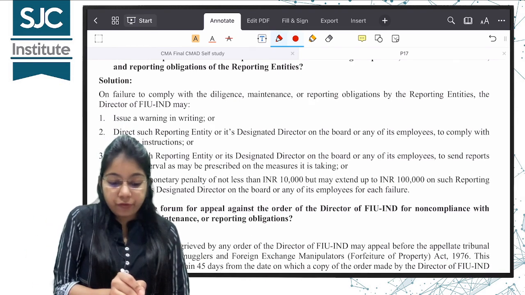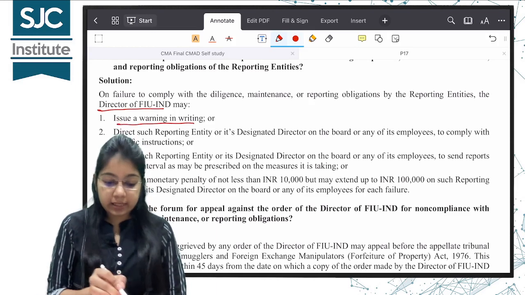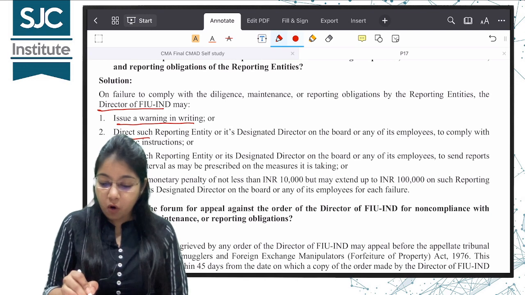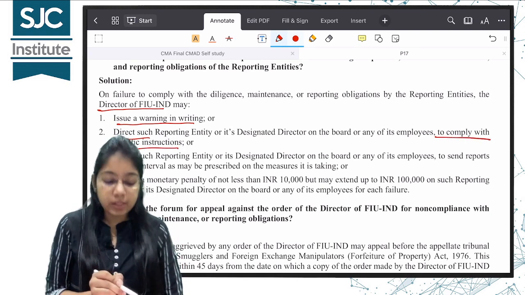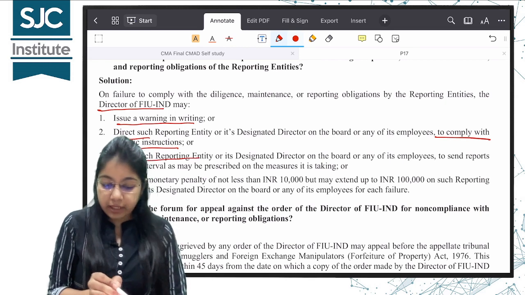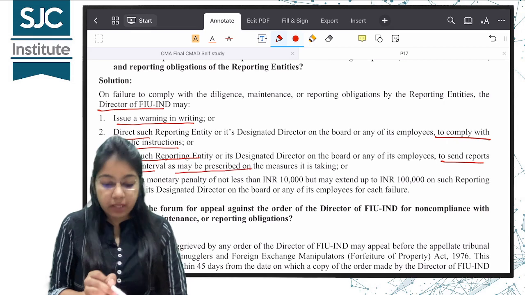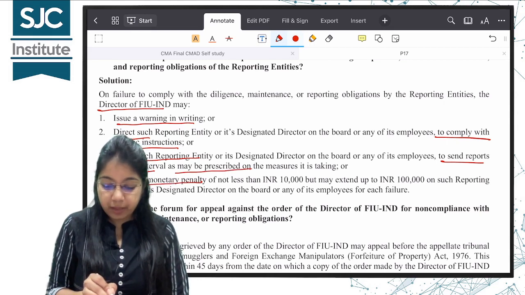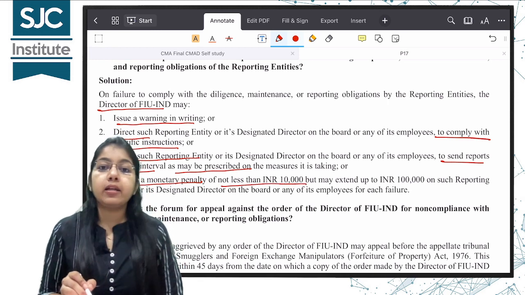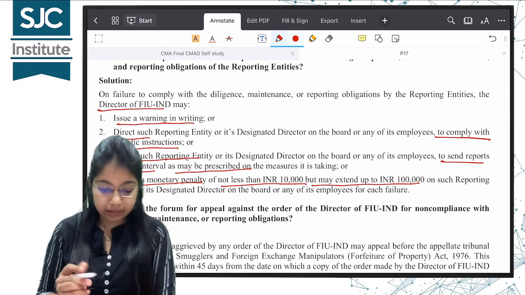The Director of FIU-IND may issue a warning in writing or direct such reporting entity or any of its employees to comply with specific instructions, or direct such reporting entity to send reports at such intervals as may be prescribed. Also, they can impose a monetary penalty of not less than INR 10,000, but which may extend up to 1 lakh.